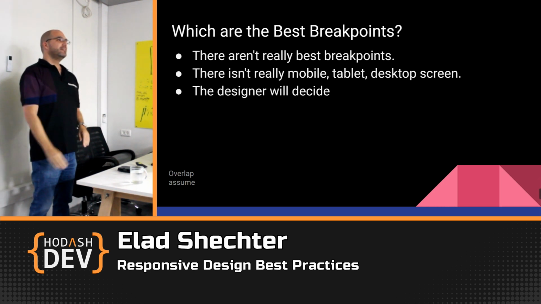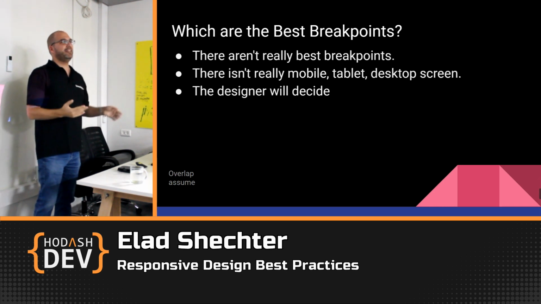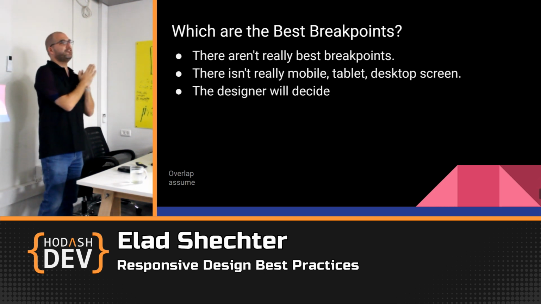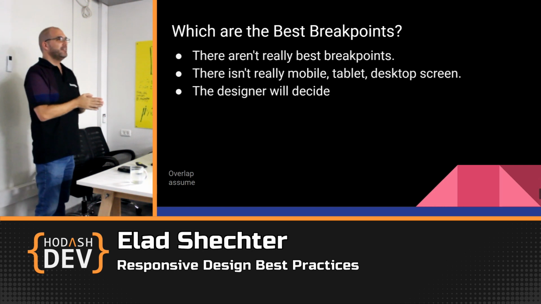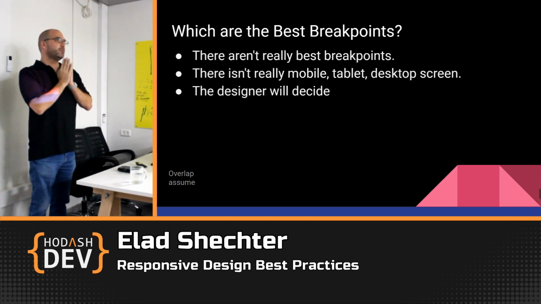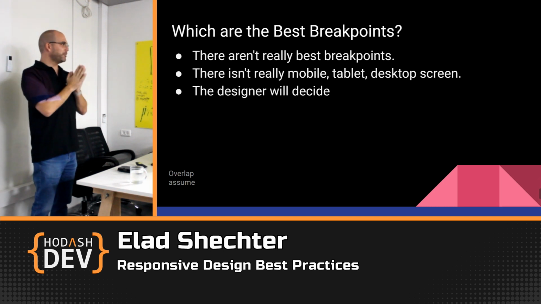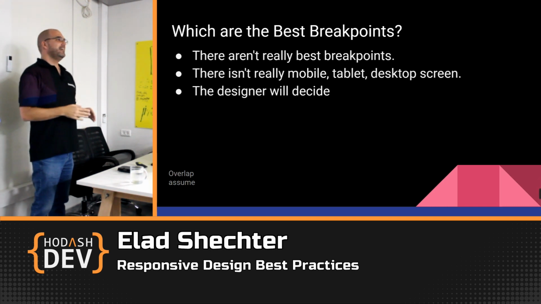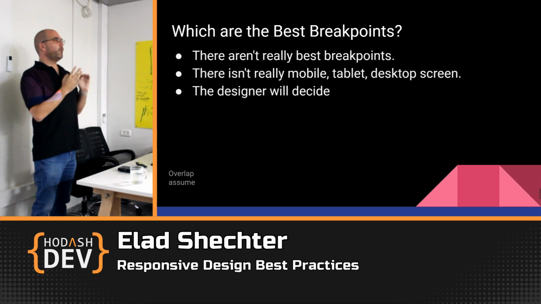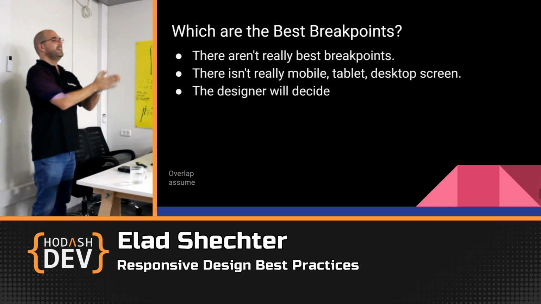Okay? And now for the easiest, we have the mobile design that is starting at 320 pixel. You don't want to start at 320 pixel because you maybe have some screen that is narrower than 320 pixel. And even if you want to work well, you prefer some styles over none of the styles.